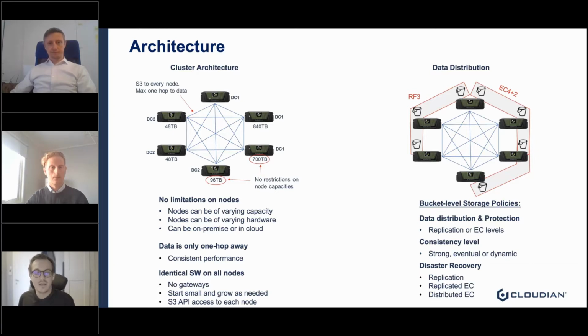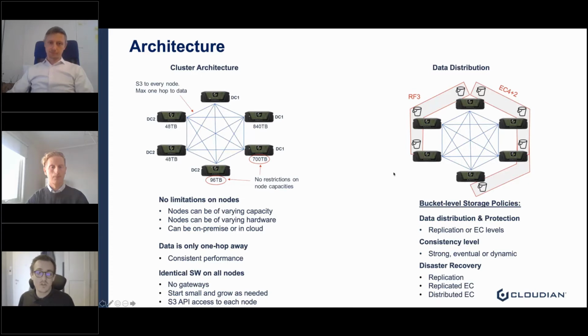It's a true server-side S3 implementation of the system. And that's, of course, really important to be able to provide scale out, because when you scale out a Cloudian system, you're not only scaling your capacity, but you're also scaling your performance at the same time. So you know what performance increase you will get when you scale, of course.